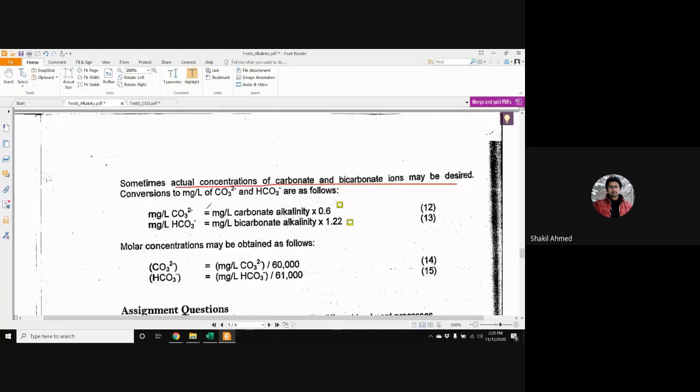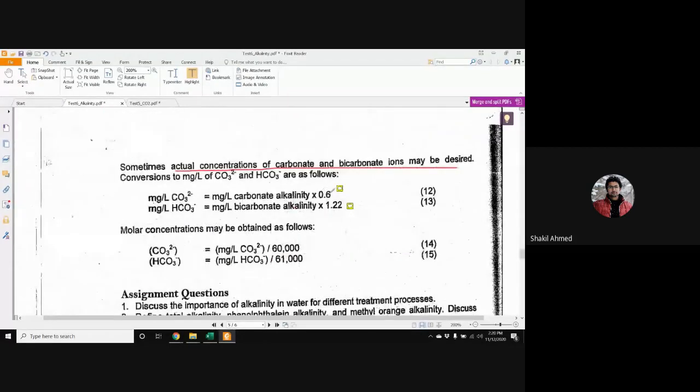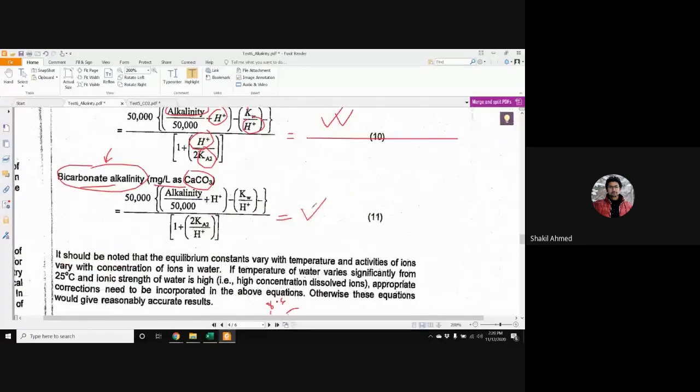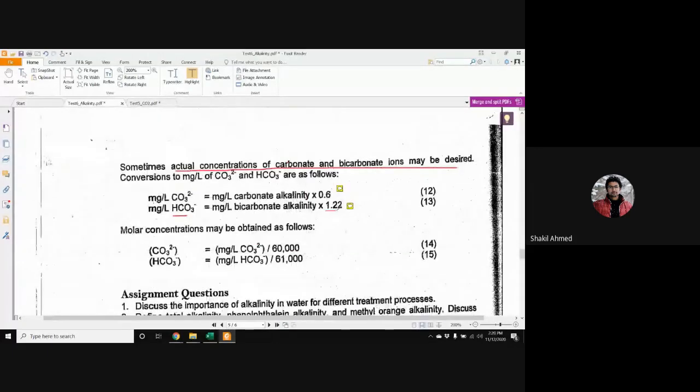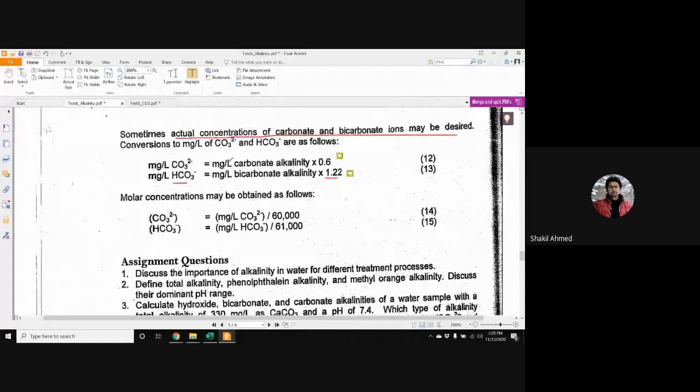For carbonate, multiply this value with 0.6, and for bicarbonate, multiply this value with 1.22. That's it. You're just converting the unit, nothing else.